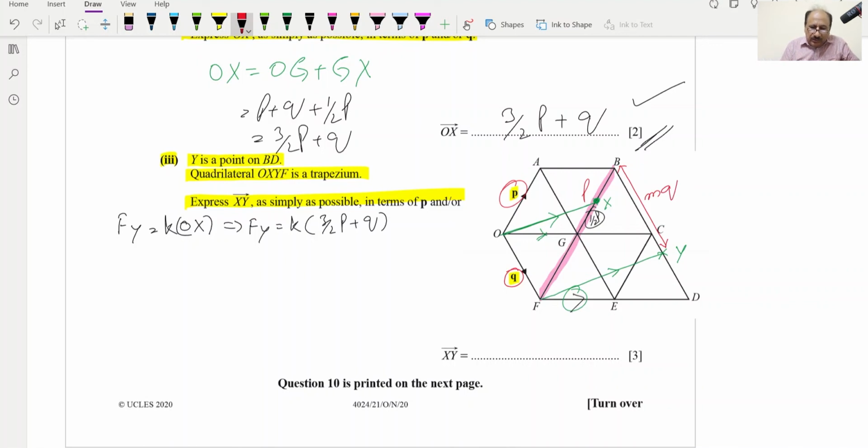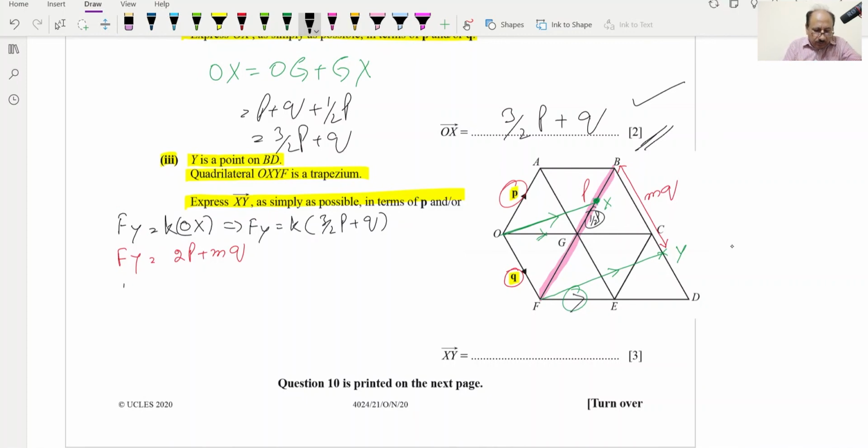Now we can write FY is equal to 2P plus mQ. We got these two equations for FY, and we can equate them.